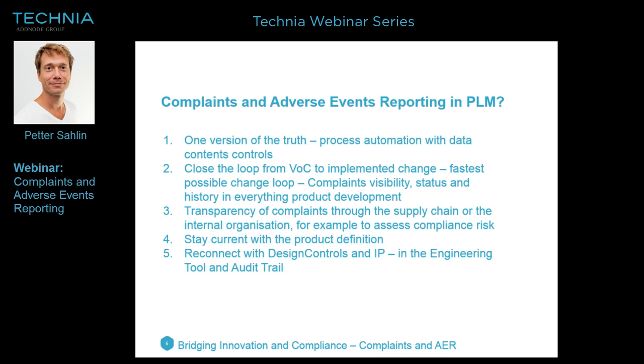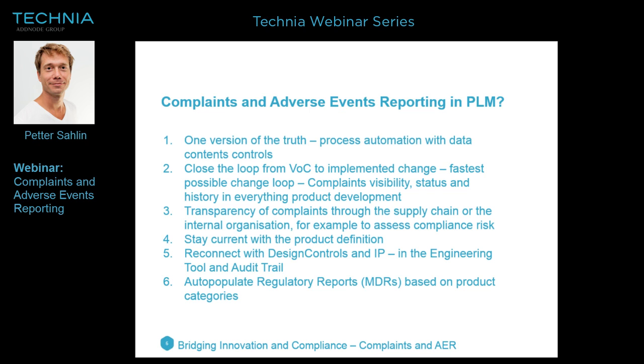We also want to connect it back to the design controls and to the IP to make sure that we really have the full engineering organization behind a decision on a complaint or a CAPA. And we also want to have the audit trail very visible to that engineering organization, so everyone knows what was decided on this particular design, on this particular product, and we have that audit trail with us at any point in time.